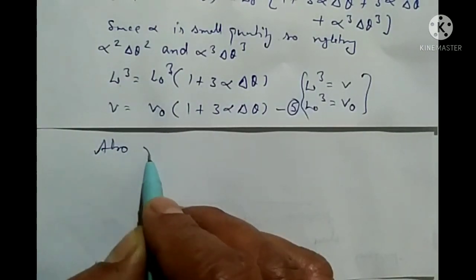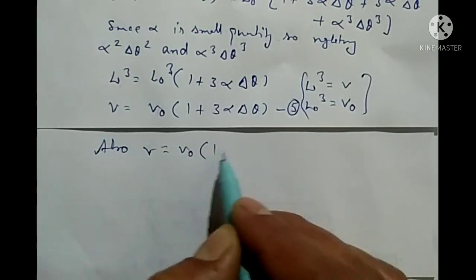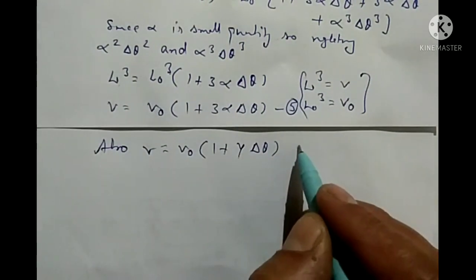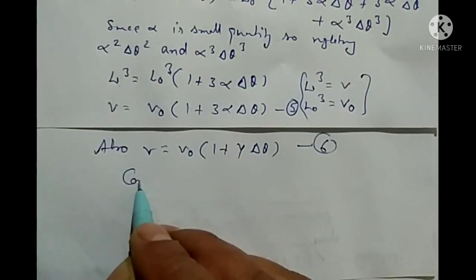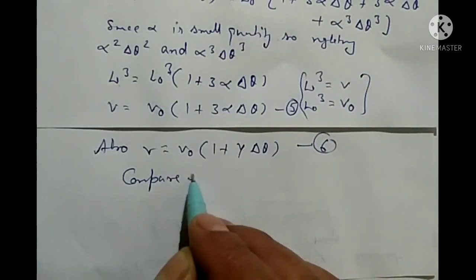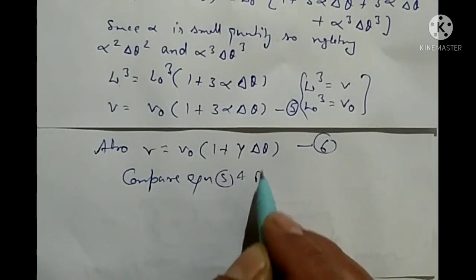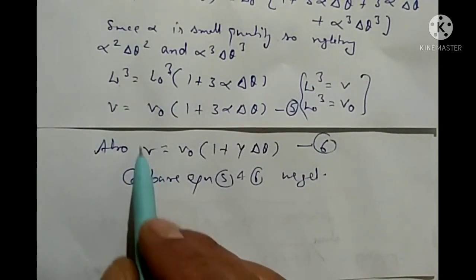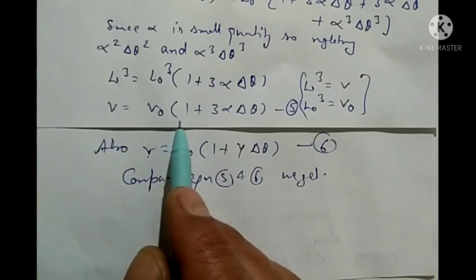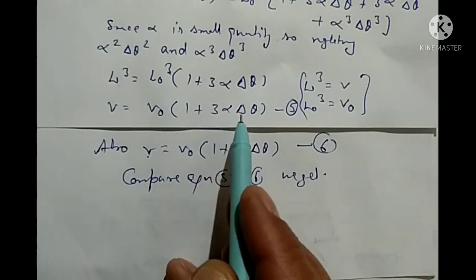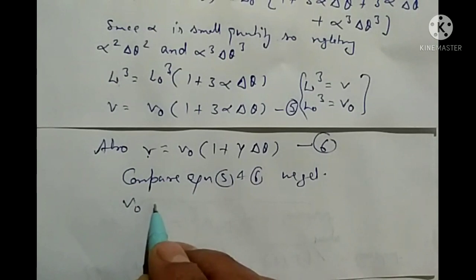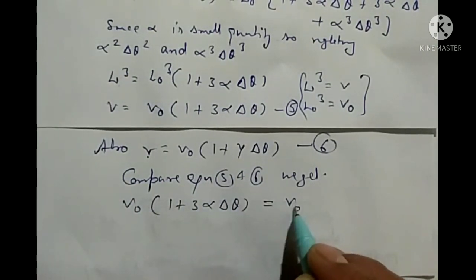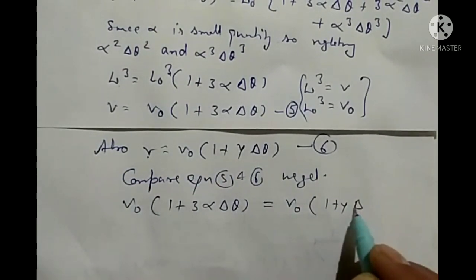Also V is equal to V naught (1 plus gamma del theta). This is equation number 6. Now compare equation 5 and 6. We get, since the left hand side is equal, the right hand side is also equal: V naught (1 plus 3 alpha del theta) equal to V naught (1 plus gamma del theta).